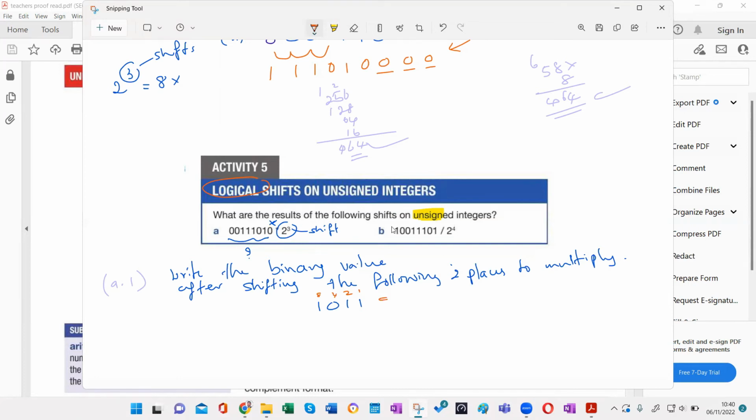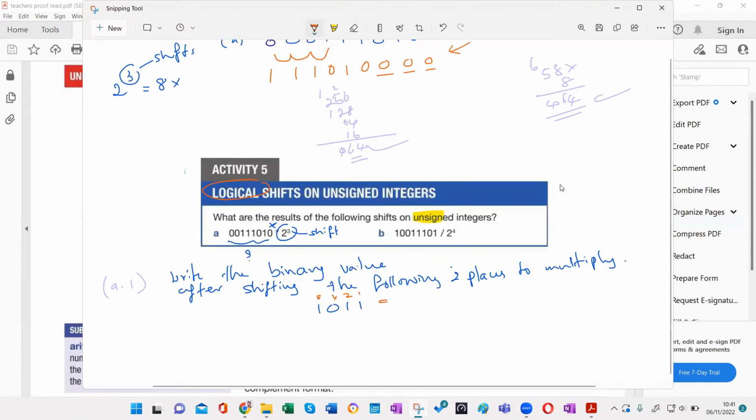Sir, is it 11? It's 11, yes, good. 8 plus 2, 10 plus 1 is 11.